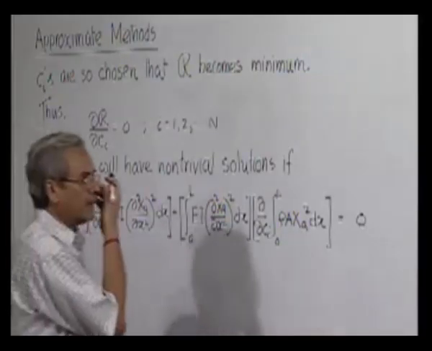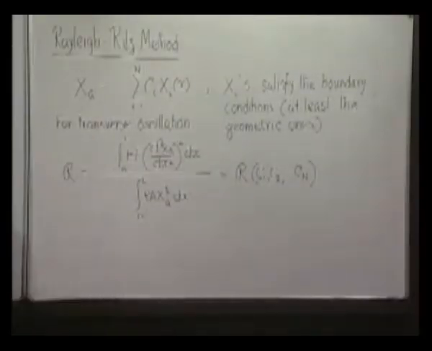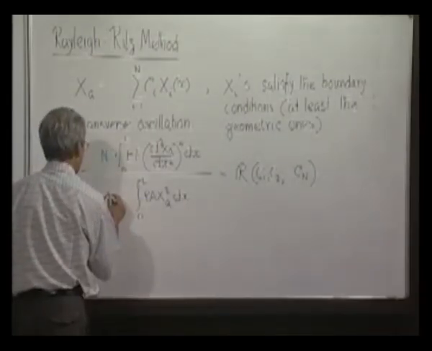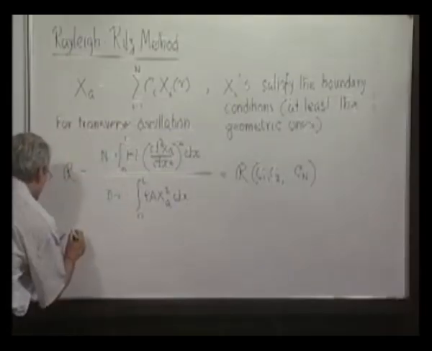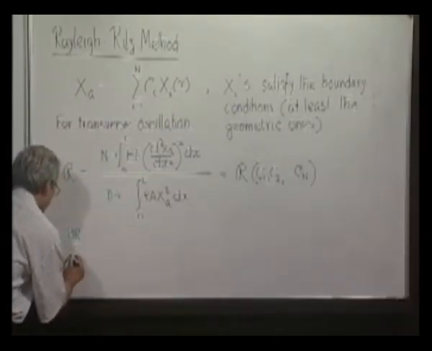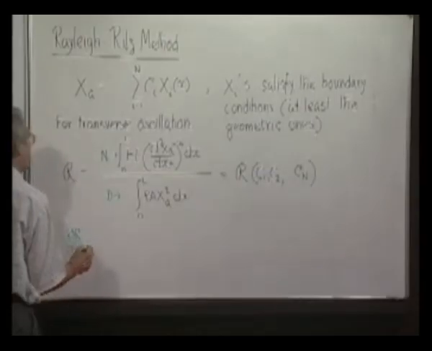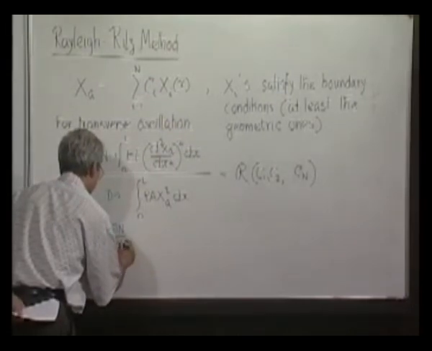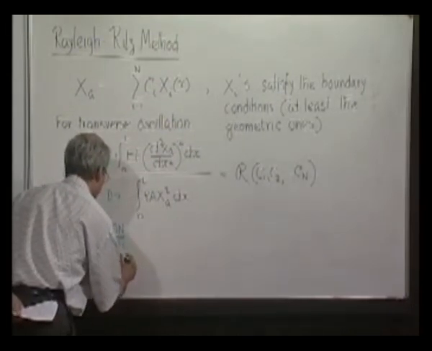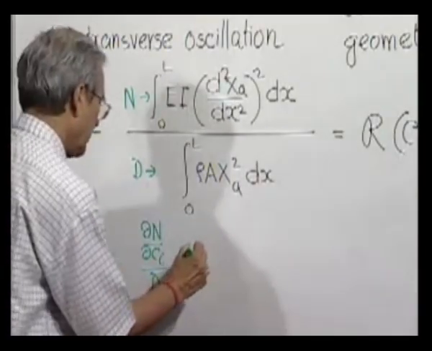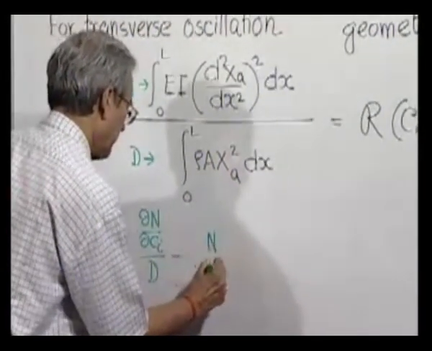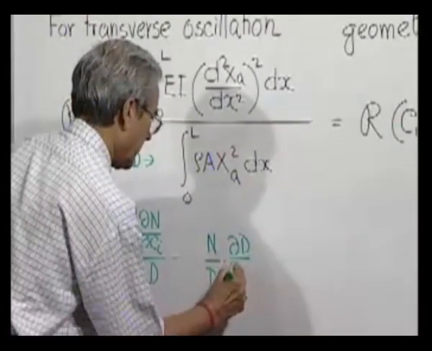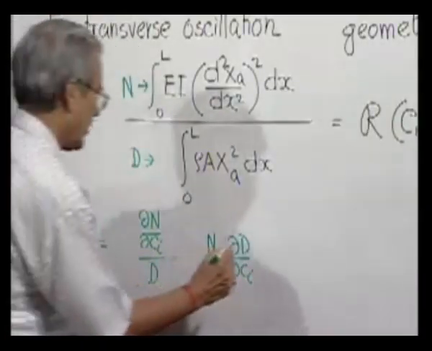How do you get it? If this is the numerator and this is the denominator, then del R del Ci will be equal to del N del Ci by D minus N by D square del D, and this is equal to 0.